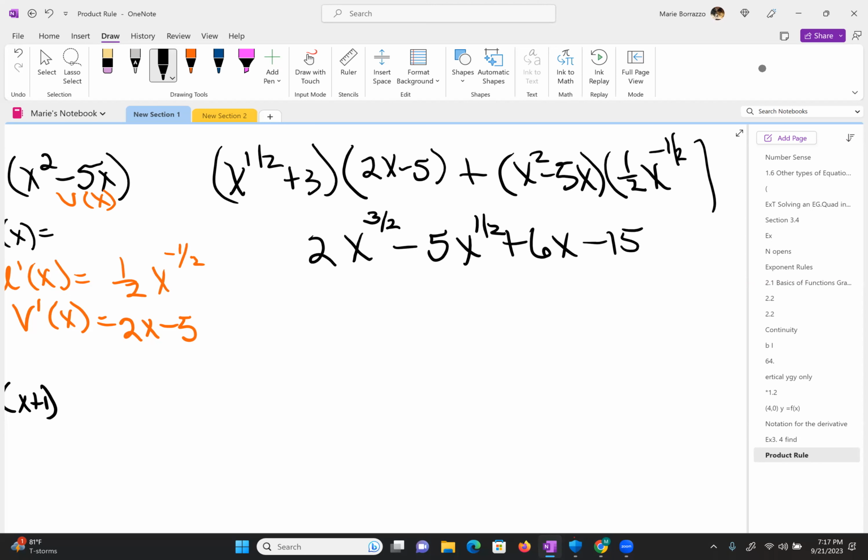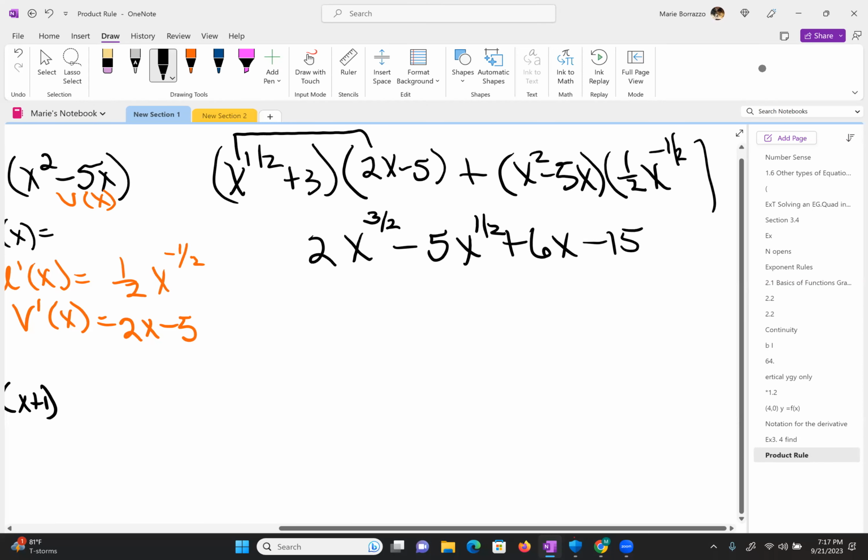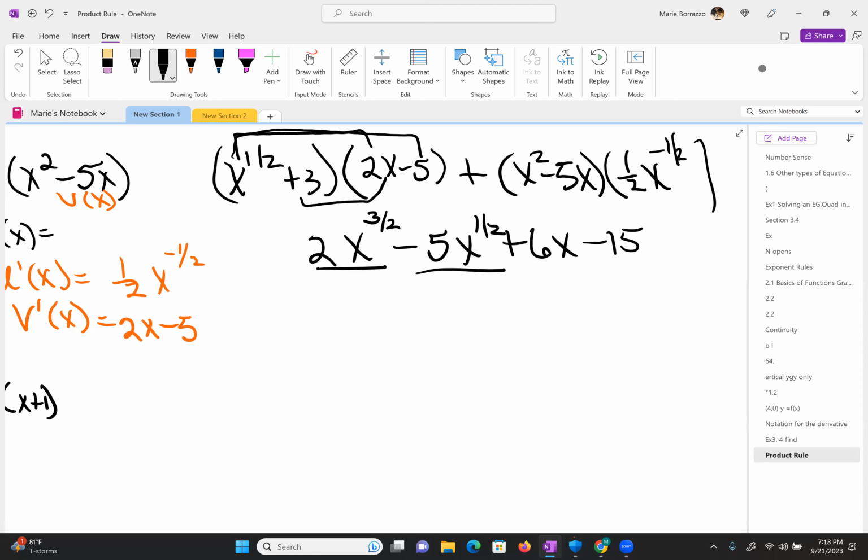All I've done is distribute: 2x to the 1 times x to the 1/2 gives me 2x to the 3/2. x to the 1/2 times negative 5 gives me negative 5x to the 1/2. Then 3 times 2x is 6x, and 3 times negative 5 is 15.